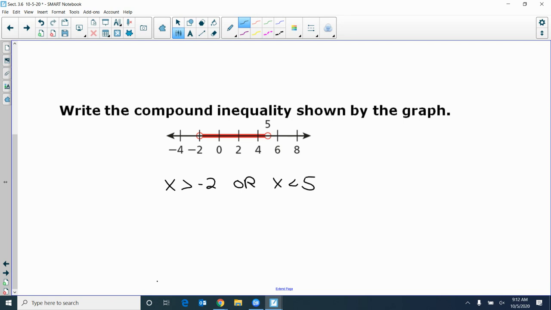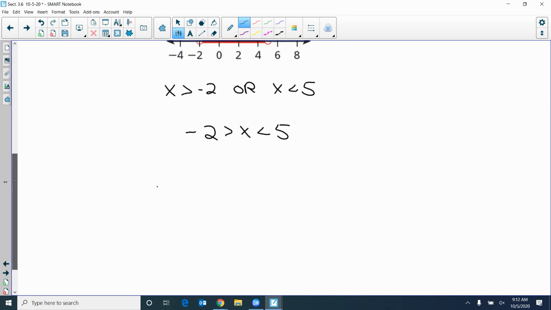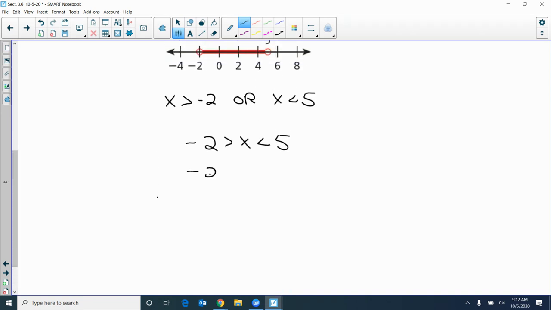Okay, Joe? -2 is greater than X. This way. It's less than 5. That's what you said there. Yeah. All right, he's close too. They're both close. Zach? Exactly the same way, so it'll be -2 is greater than X, and then greater than 5.